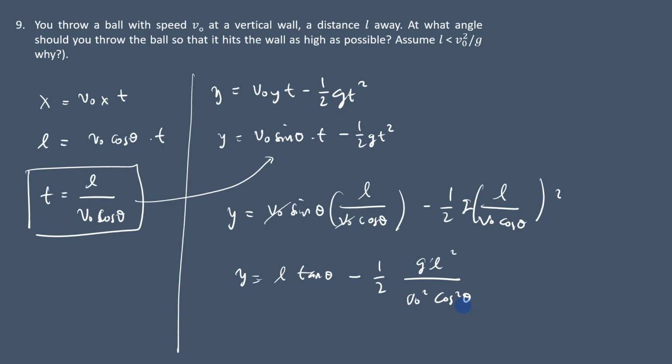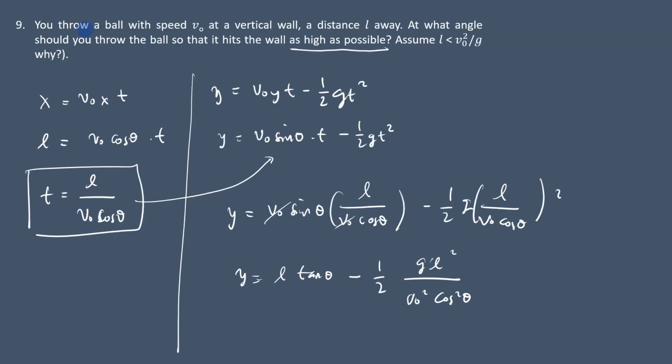And what is the maximum of y? This is the condition that must be reached as high as possible. So we can take the derivative of this equation. We write dy/dθ, because y is a function of θ, equals 0.